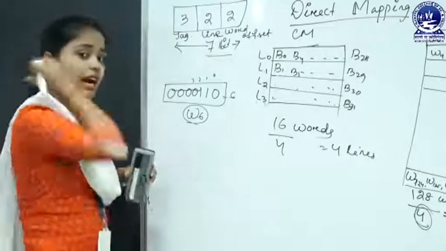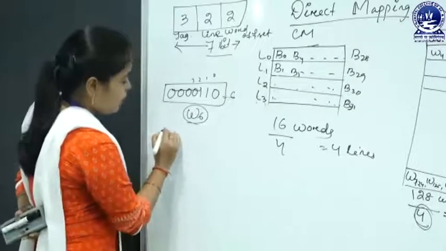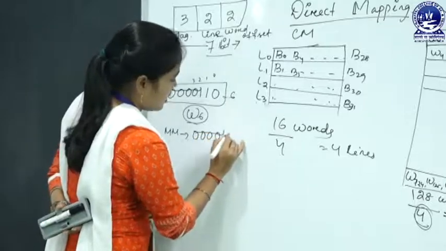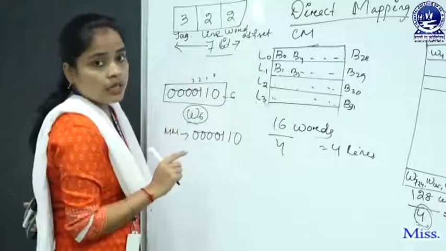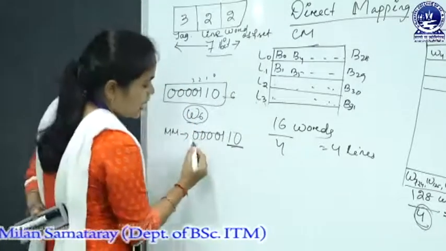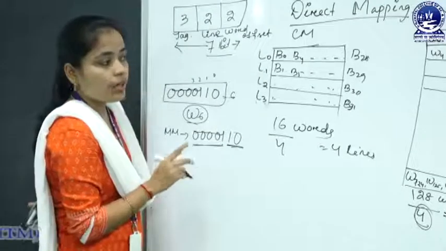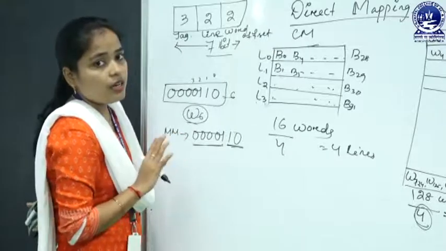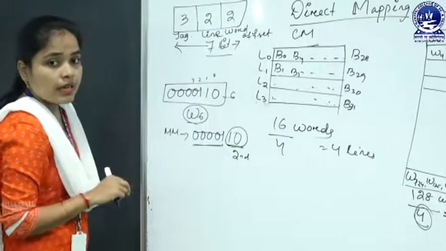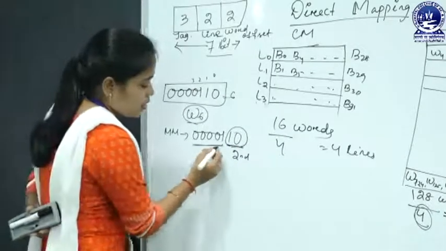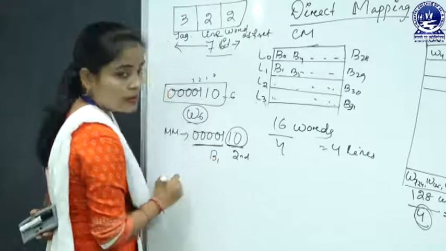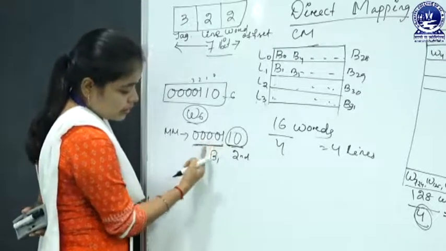So how will we get it? First, for the main memory, you have to divide this address into 2 parts. The first 2 bits represent the word offset, and these 5 bits represent the block number. So this value represents the second word of which block? The block number is B1, because if we decode this, we get 1.